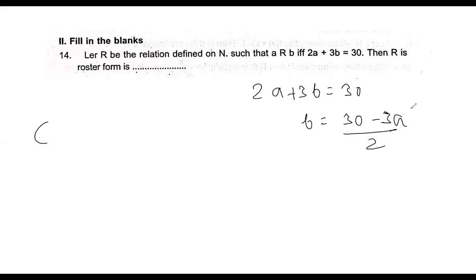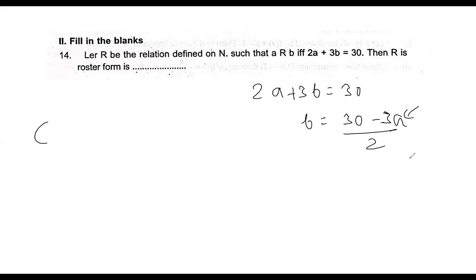Let's start placing a as 1. Clearly it is going to be 30 minus 3, which is 27, which is not divisible by 2. So we have to take a number a such that it is exactly divisible.